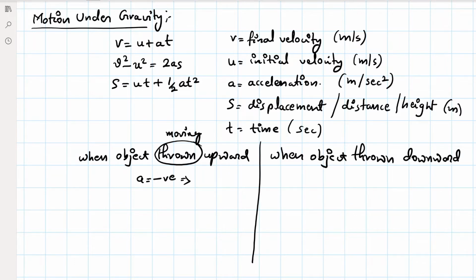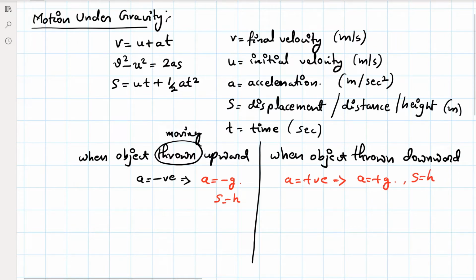In motion under gravity we denote A as G, so we take minus G. When the object is thrown downward, A is positive, so I will take A is equal to plus G. Same way, instead of S we will call it height, so instead of S I can use H. Here also instead of S I can use H.